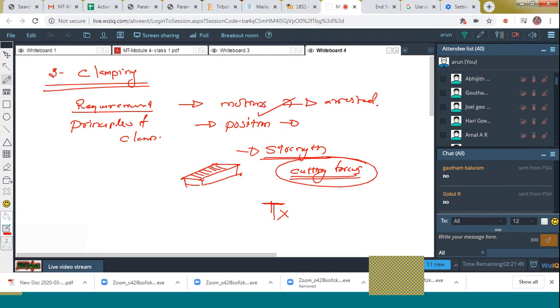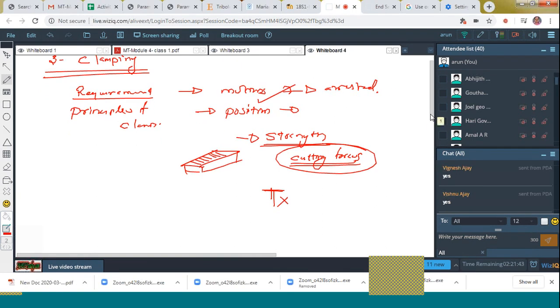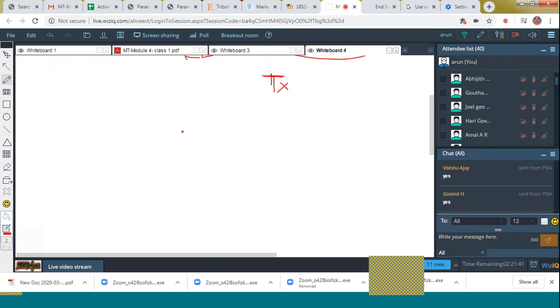Next is, if there exist a lot of clamps to machine a workpiece. Listen carefully. If there exist a lot of clamping units to lock a workpiece, what is the problem? If there is a first clamp here, second clamp here, third clamp here, fourth clamp here, fifth clamp here, all these are tightened by means of a nut and bolt by using spanners.